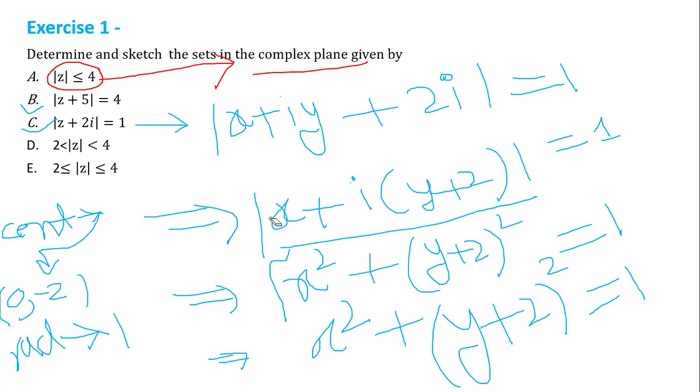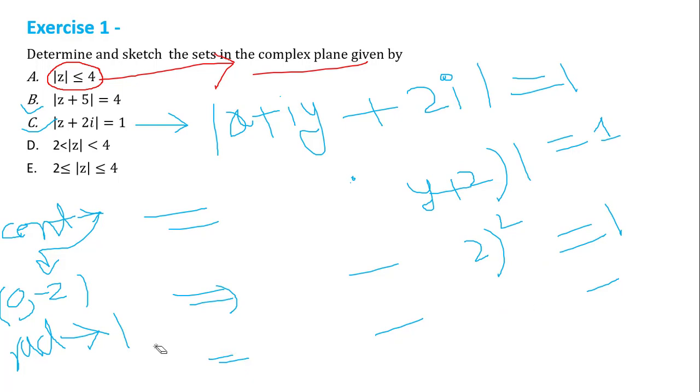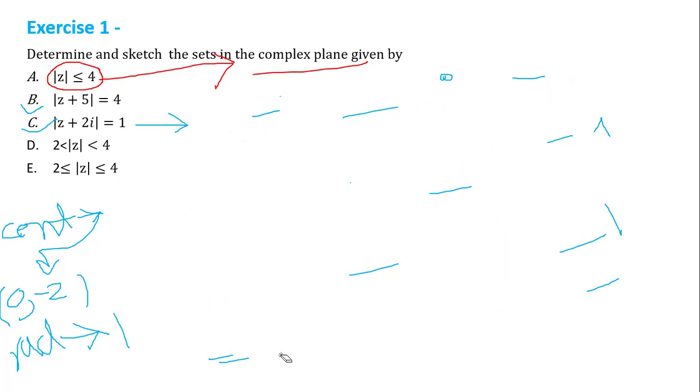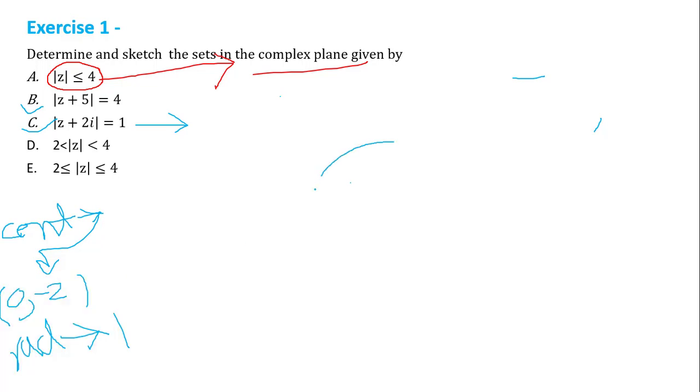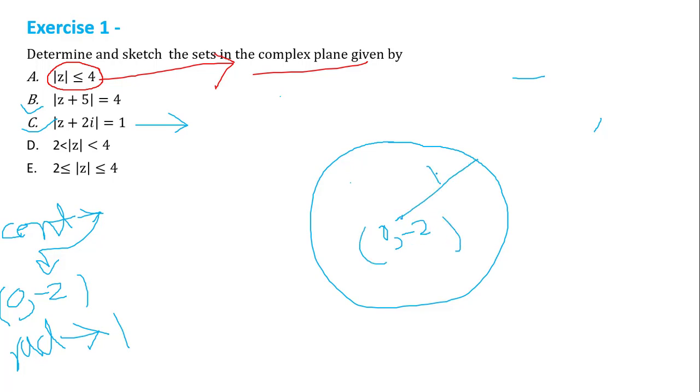So we can draw it very easily now. Once the center and radius are calculated, I can draw it in the complex plane. The center is at 0 comma minus 2 and the radius is 1.